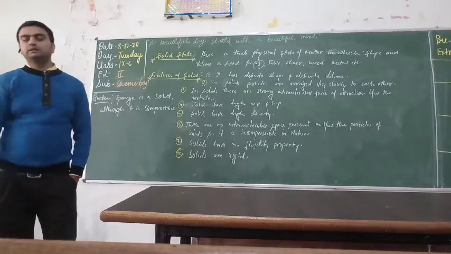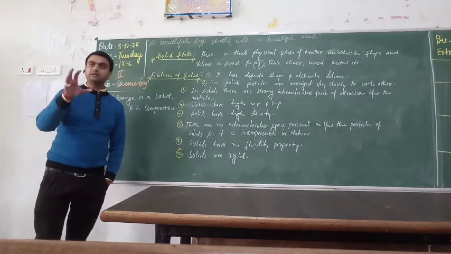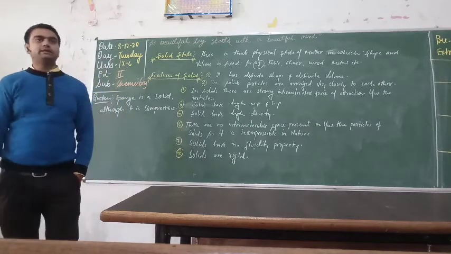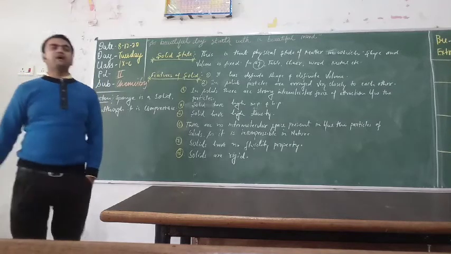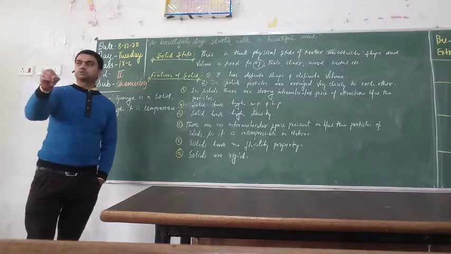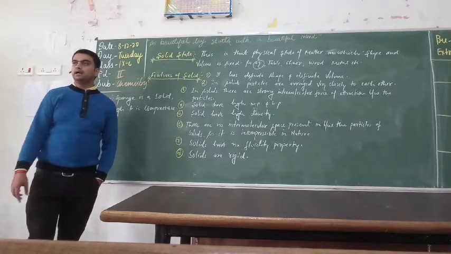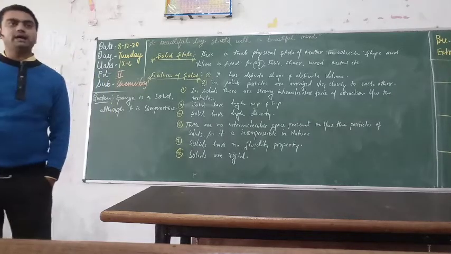You know very well that solids are incompressible in nature, but the sponge can be compressed easily. Why? In the whole body of the sponge there are fine holes or pores present. Clear? And these pores or holes are known as ostia.